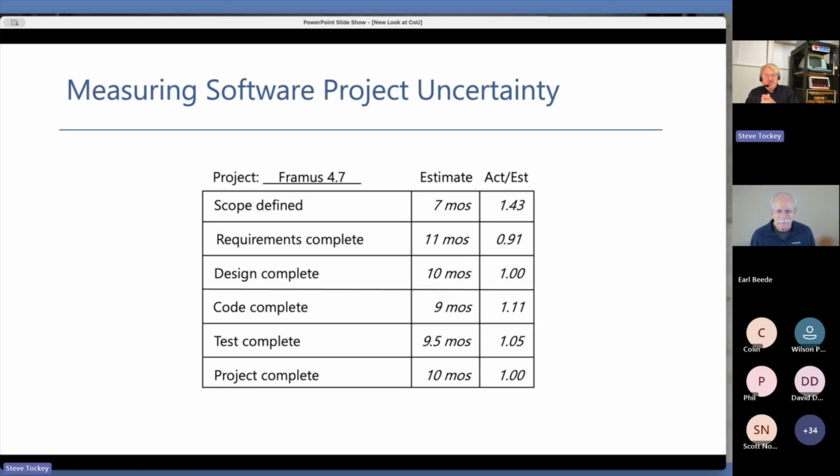And the size can be in any units: COSMIC, function points, story points. The underlying computations normalize, so that this project could have been in story points, that could have been in function points. It all gets normalized away under the covers.